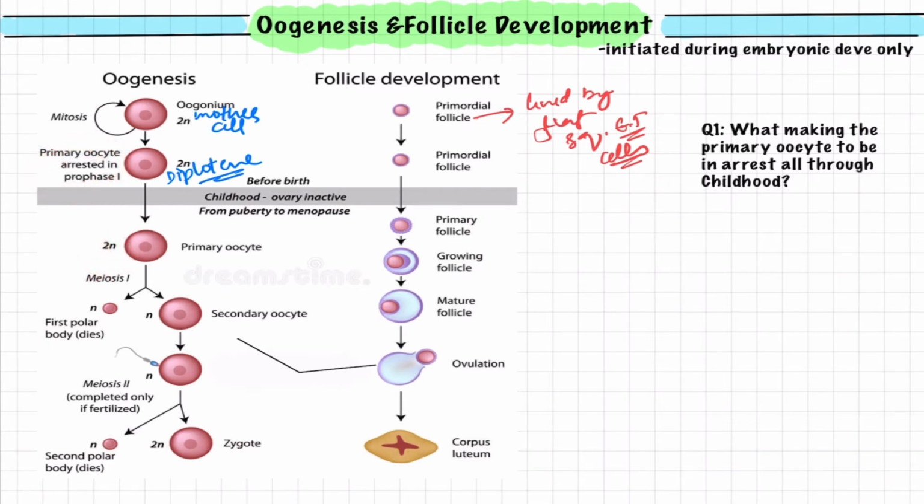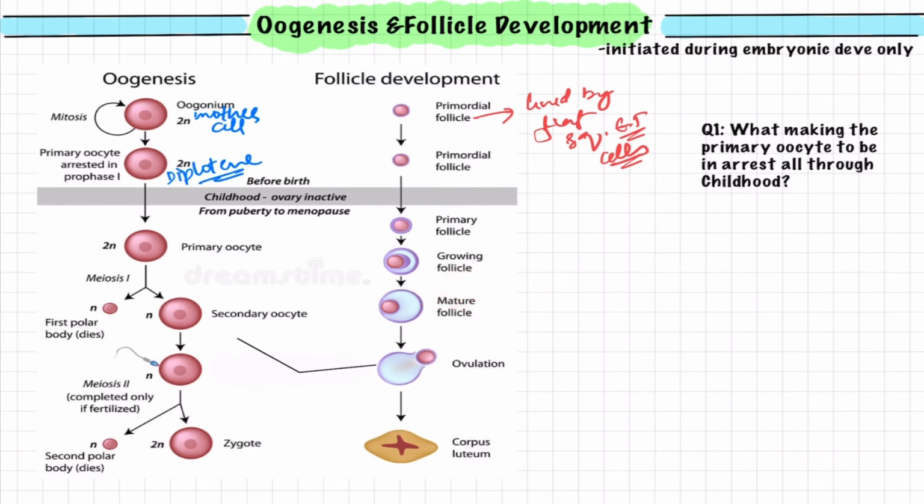The primary oocyte completes meiosis 1 and results in the formation of the secondary oocyte, and the primordial follicles get converted into primary follicles and then proceed to growing follicles like secondary, tertiary and antral follicles, and then into the mature follicle.